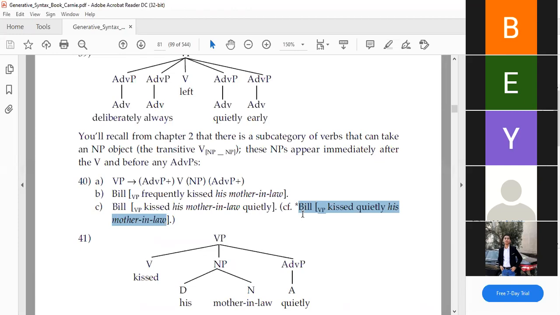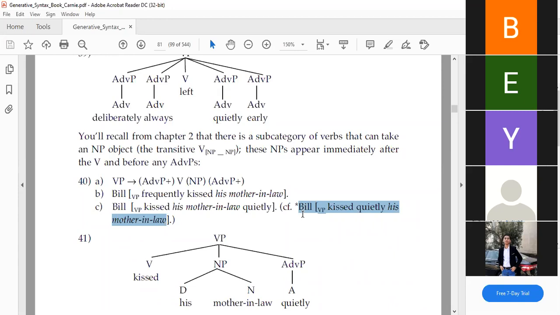We say that quietly here dangles. Quietly modifies the verb kissed, but it is far away from the verb and very near the noun. So the problem in this sentence is the adverb.